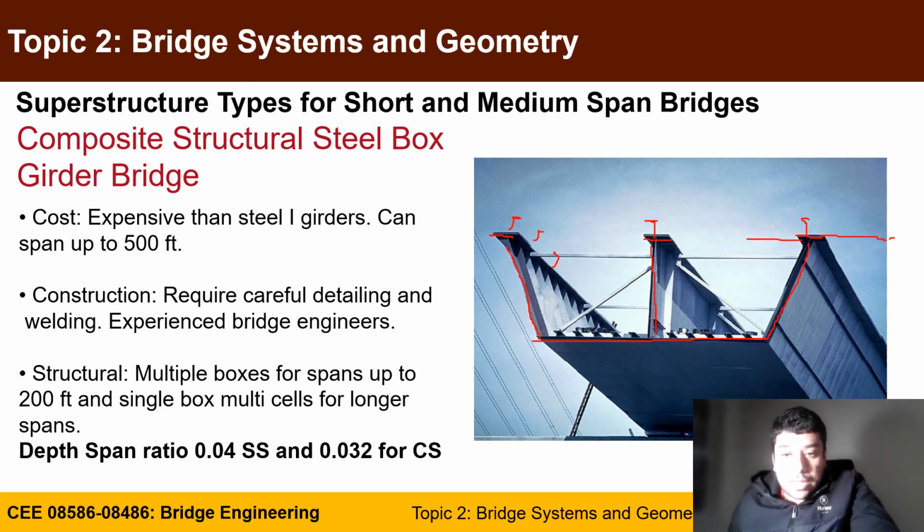So also after that you form the slab, and you have overhang, and you place your reinforcement longitudinal and transverse, and you cast concrete. You create composite structure steel box girder.